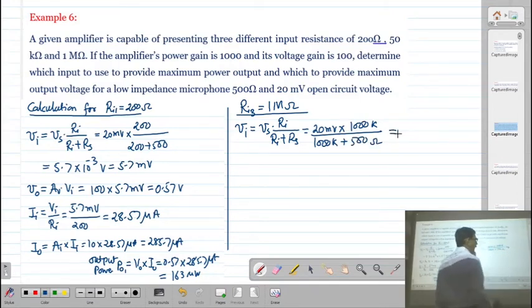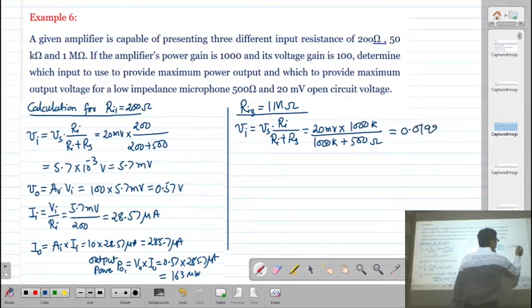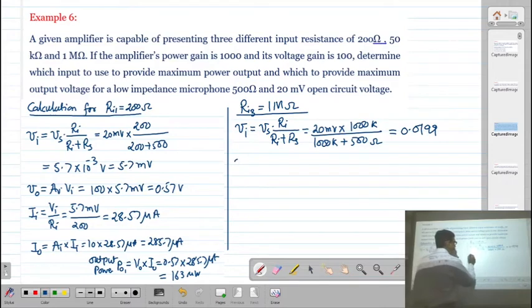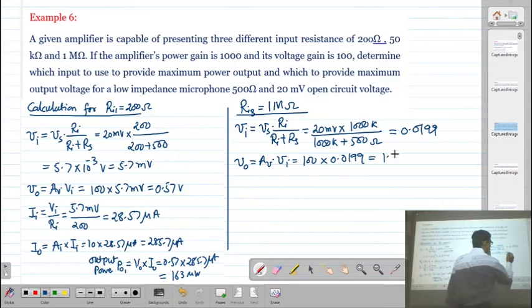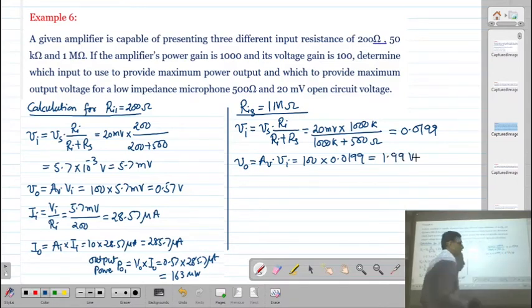Correct? And if you calculate, the input voltage comes out to be 0.0199. So what is the output voltage? That is Av times Vi. Av, I think, is 100, so 0.0199 times 100. So your output voltage will be 1.99 volt. Correct?